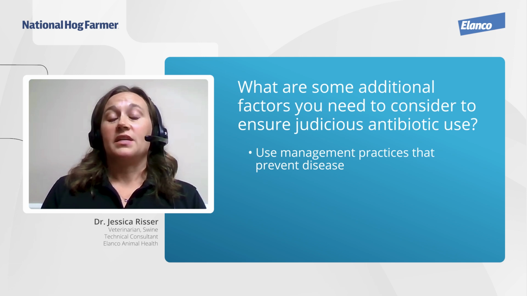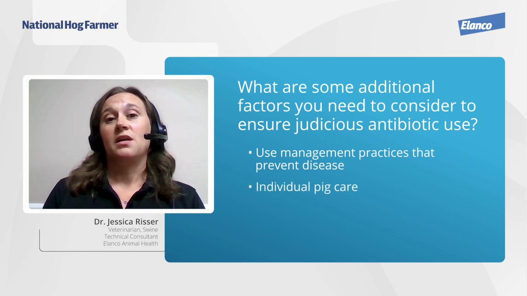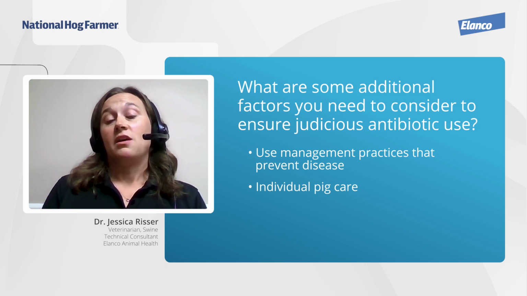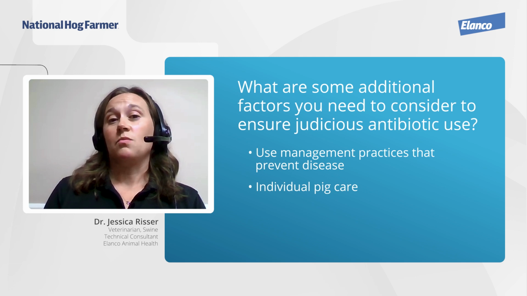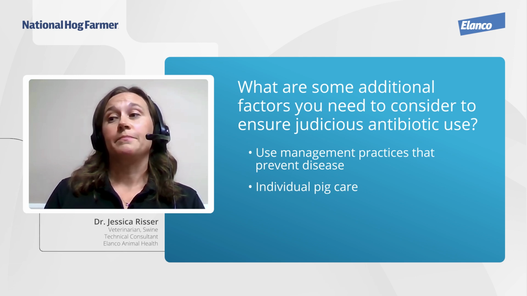Another really important thing, and Predilex serves this purpose, is individual pig care. Identifying pigs early when they're sick and individually treating them can help them recover a lot faster. And if there is a high prevalence of those pigs that you're individually treating, make sure your veterinarian is aware of that so that maybe they can come up with some other treatment options, maybe through the water or the feed, to help reduce and control disease further in the herd.